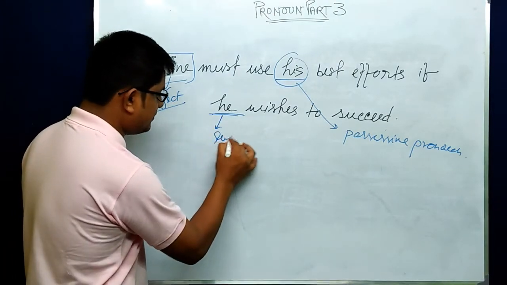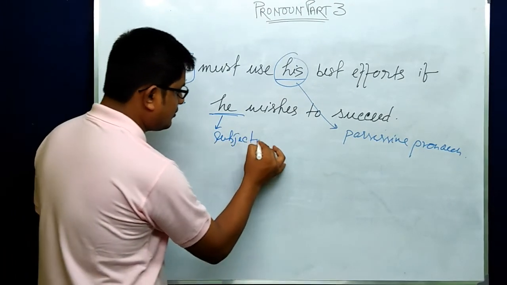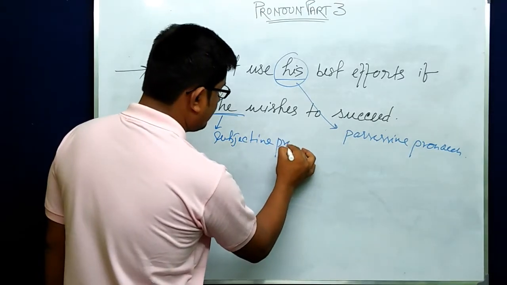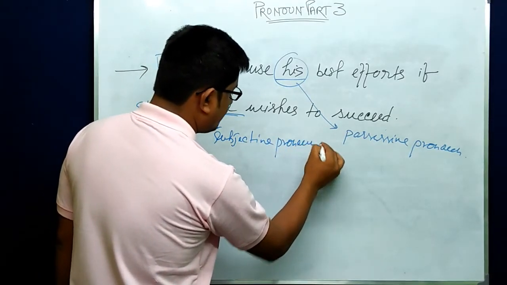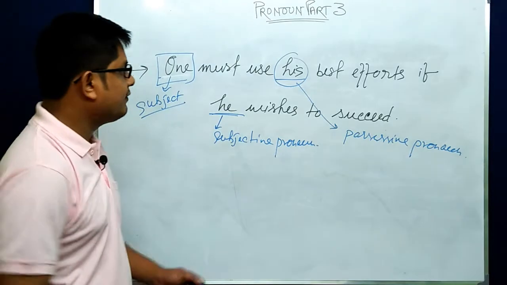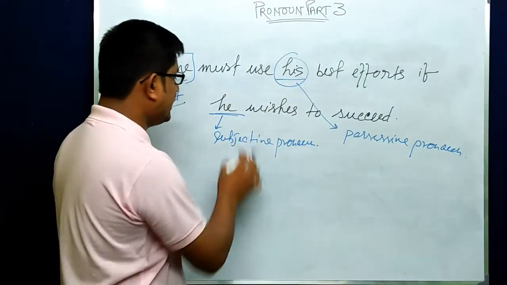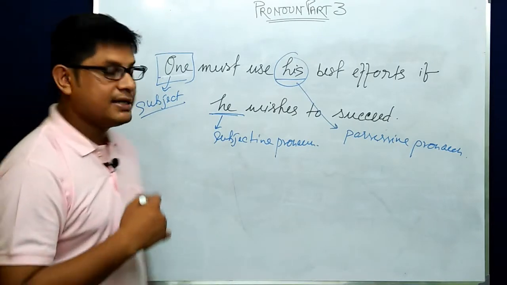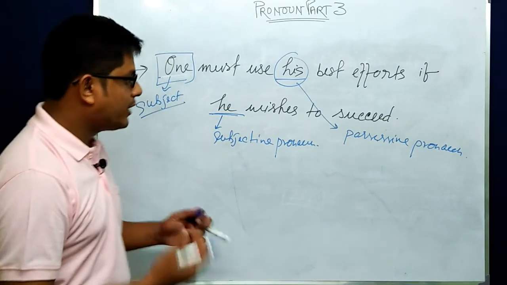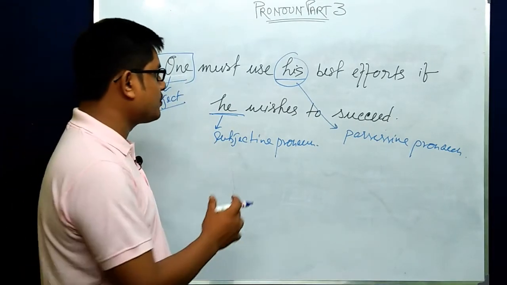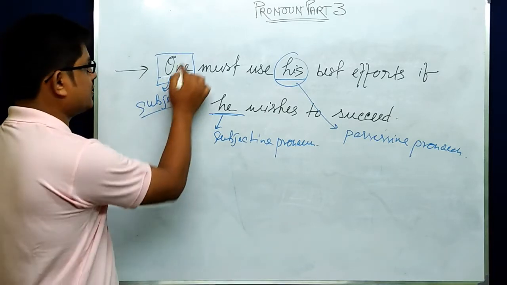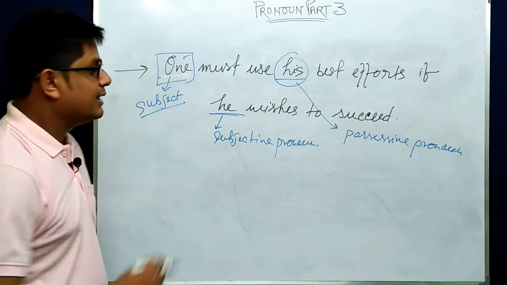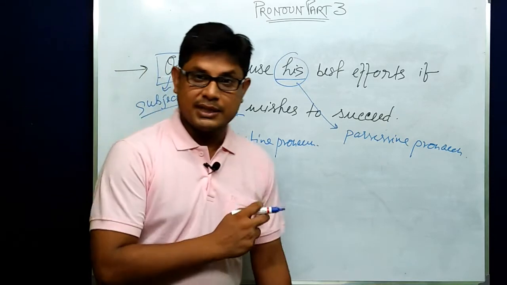This is a subjective pronoun. So I have used "his", then "he". One is a possessive pronoun, another is a subjective pronoun. And I have used these pronouns against this subject "one". That is the reason this is a wrong sentence.